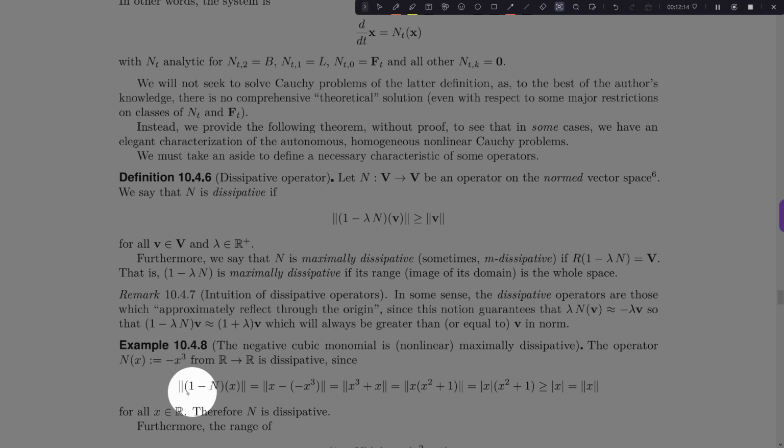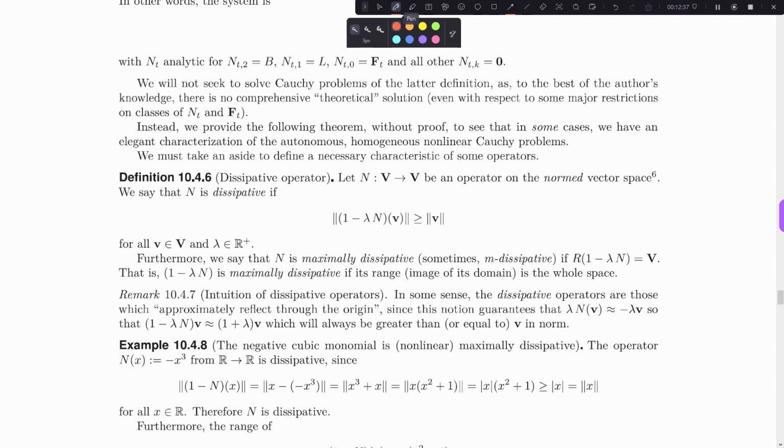And I can prove that directly just by computing the norm of 1 minus N on x, which would be x from the 1, and negative x cubed from the N. So I get x cubed plus x, which is the same as x times x squared plus 1. If I compute the norm just in R of this, I get the norm of x times x squared plus 1. And since x squared plus 1 is always greater than or equal to 1, this is always going to be greater than or equal to x in magnitude.